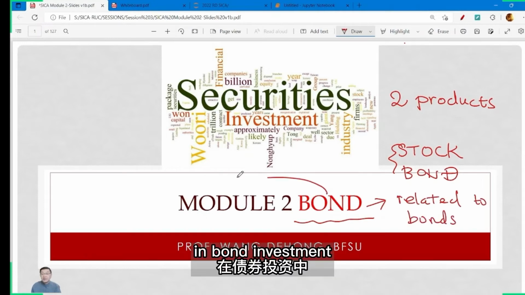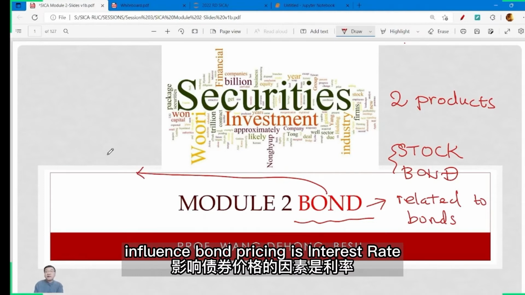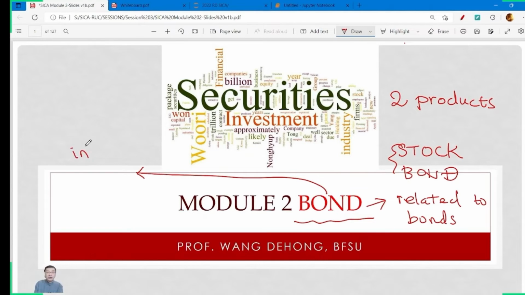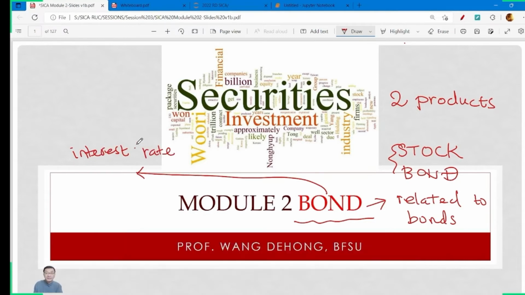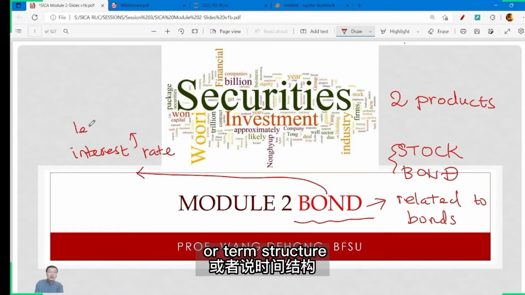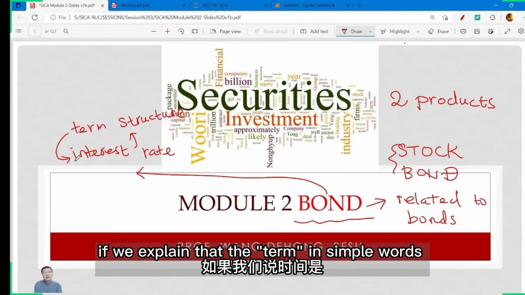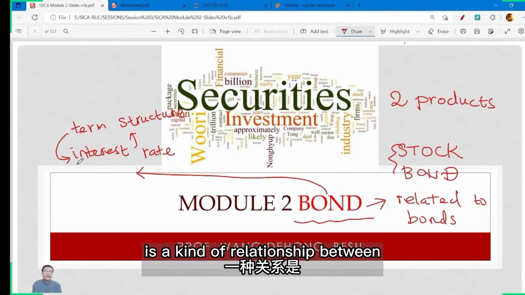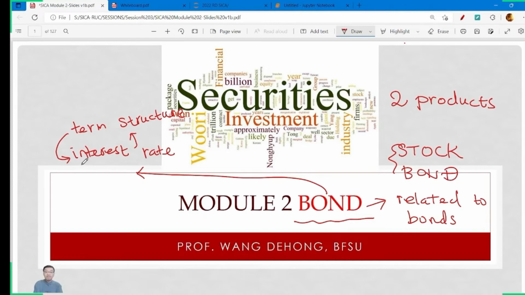For example, in bond investment, the most critical factor influencing bond pricing is interest rate. So we will spend quite some time studying interest rate. In interest rate, we have an interesting relationship called term structure. In simple words, it is the relationship between short-term interest rate and long-term interest rate.